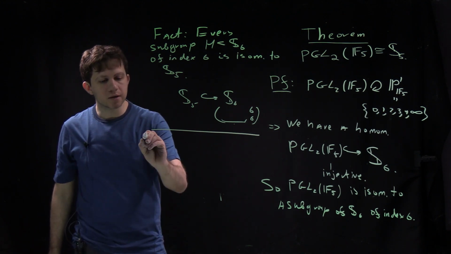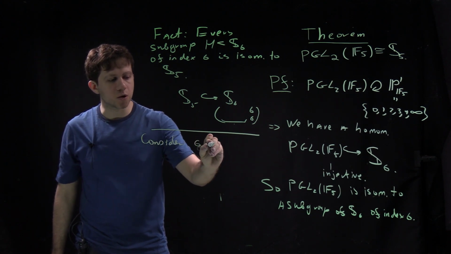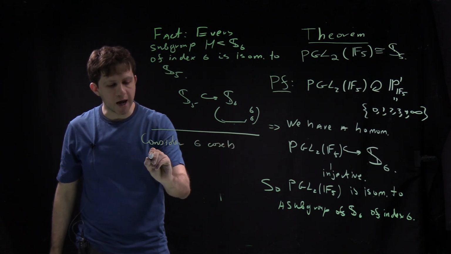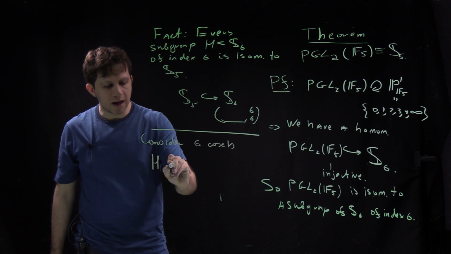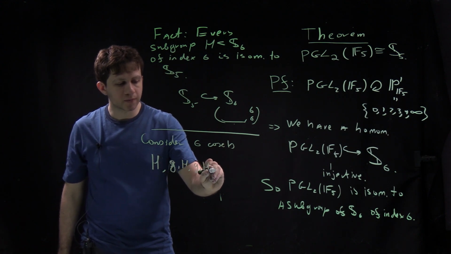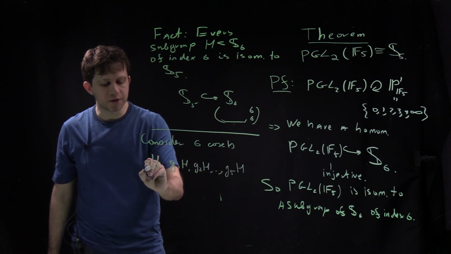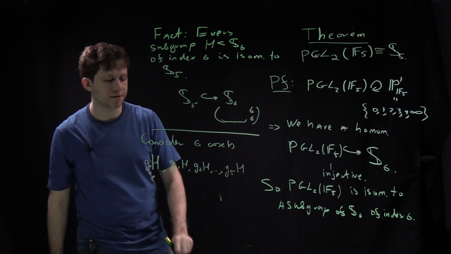So consider 6 cosets: H, X, and then let me say G1H, G2H, G5H. And this will be G0H, where G0 is identity maybe.